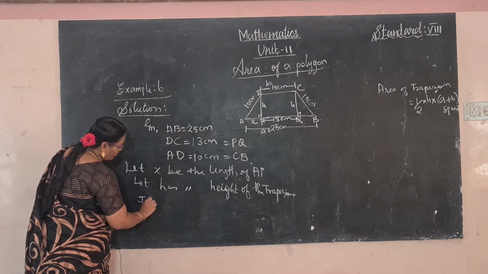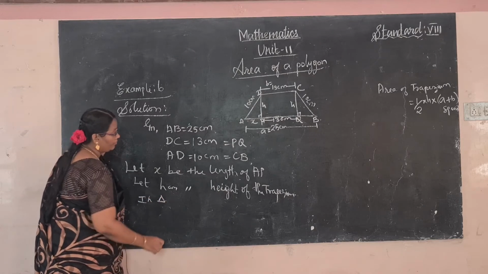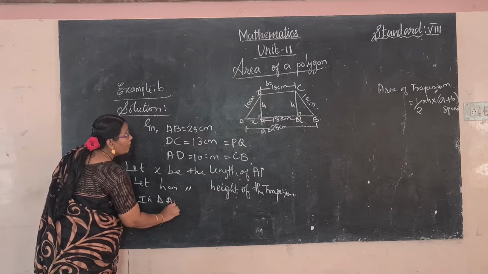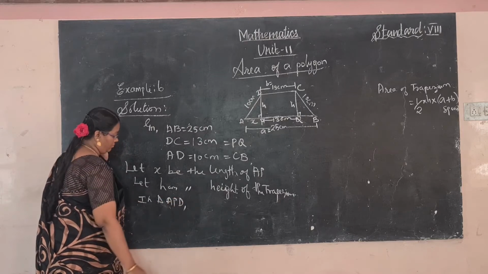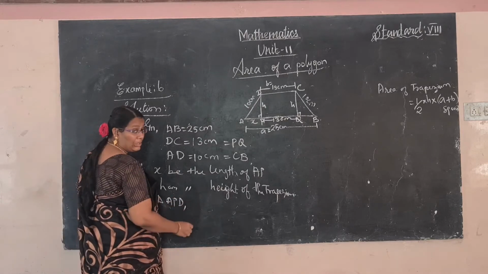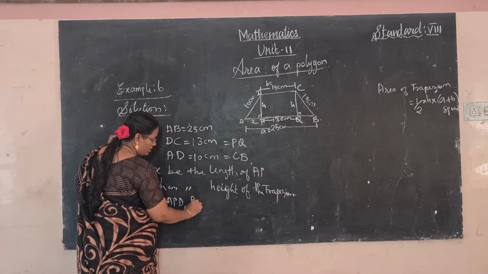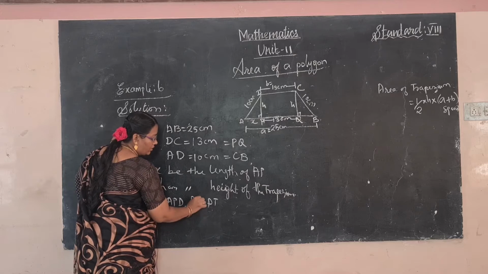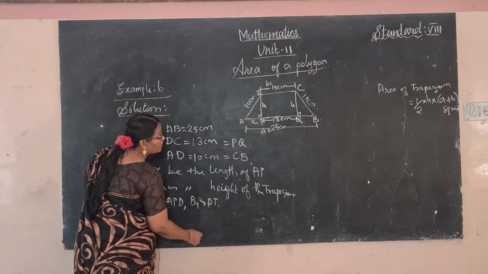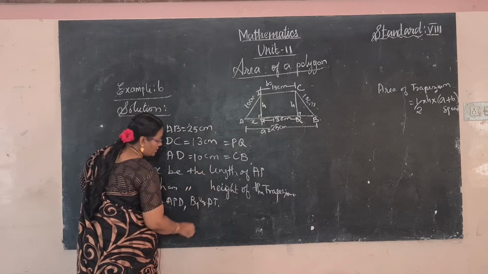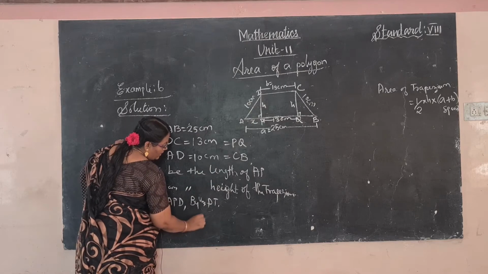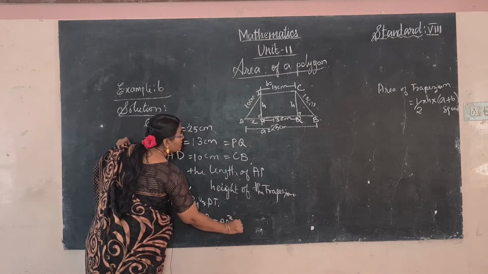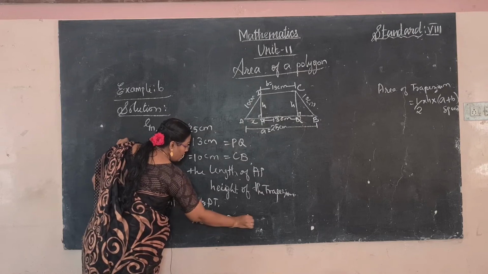In the right angle triangle APD, by using the Pythagoras theorem, the hypotenuse side: AD square is equal to AP square plus PD square.